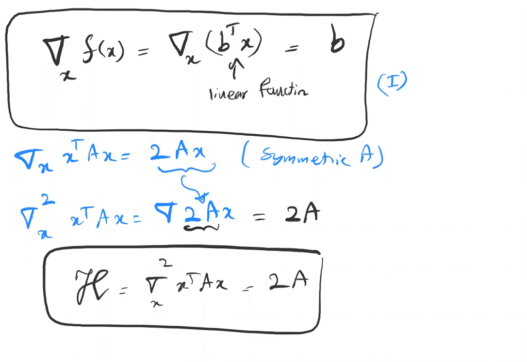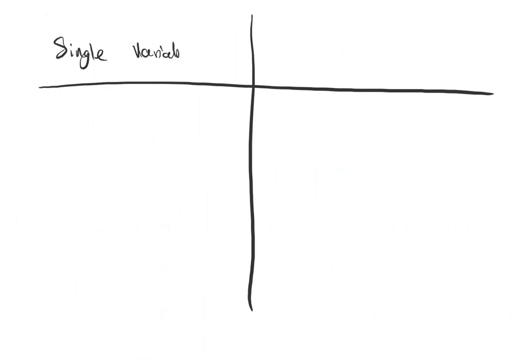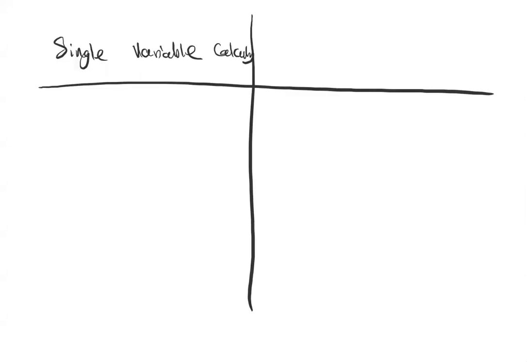All right. Now that we have these, I want to provide a simple comparison between the case that we only had with the single variable calculus. So in the single variable calculus, f of x for the linear case is ax.